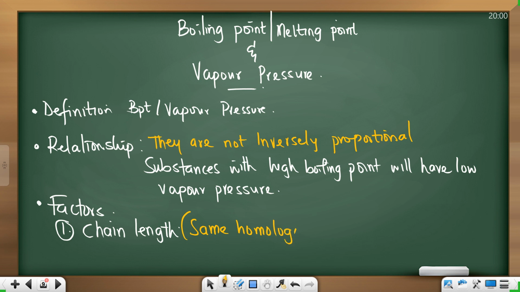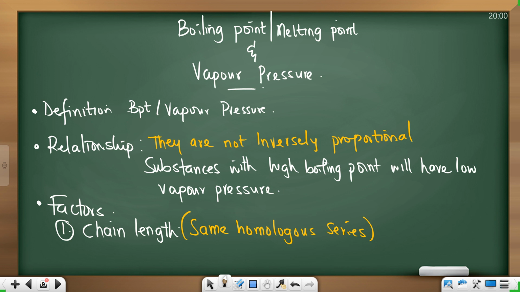Please take note. Once you mention chain length, you are talking about the same homologous series. You cannot compare alkanes and alkenes using chain length. Is that okay? You cannot compare alkanes and alkenes using chain length. Once I say chain length, it must be all alkanes. It must be all alkenes. It must be all alkynes. Is that okay? And what can we say here?